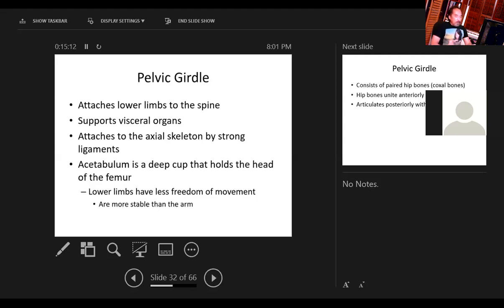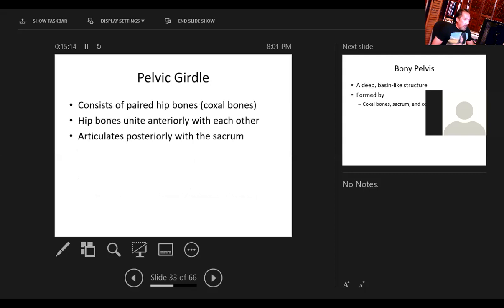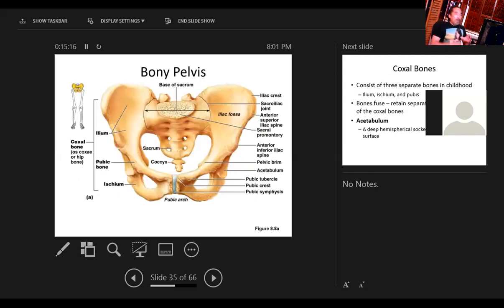So we're going to take a look at the pelvic bone. The pelvic girdle is actually formed by two sides, the hip bones. They're fused together at the front, and at the back the sacral vertebrae holds the two ends. The sacral vertebrae is not part of the appendicular skeleton.